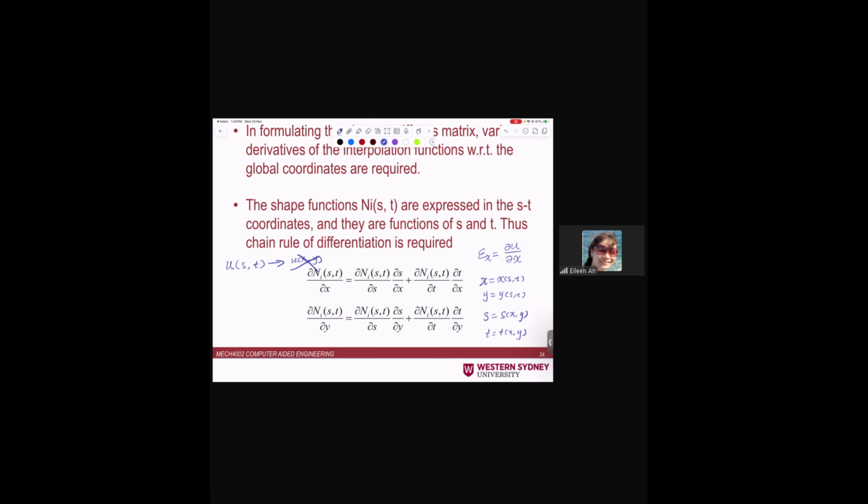Right? Okay, now back to the strain matrix. We know strain epsilon x needs to be calculated using the displacement, partial u over partial x. Now, u is a function of s and t.